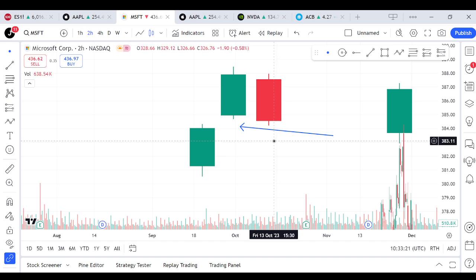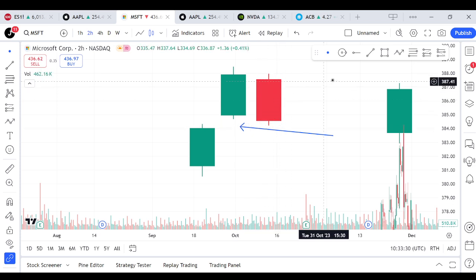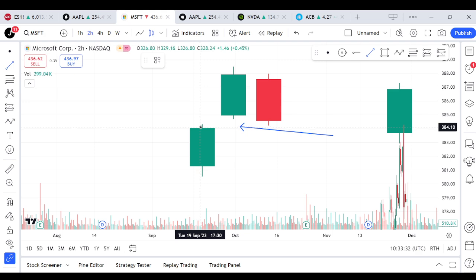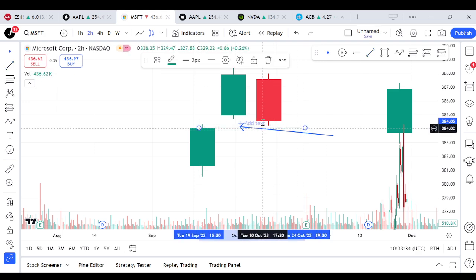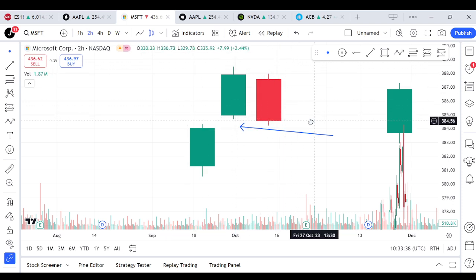The inability of this bearish candle to close the gap indicates that buyers still have control and that the uptrend is likely to continue. So it shouldn't close the gap entirely. See right here, it should just stop halfway or around that area.